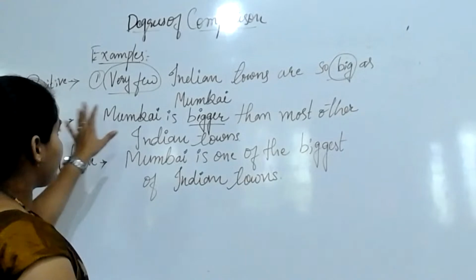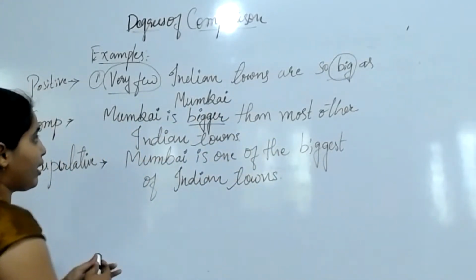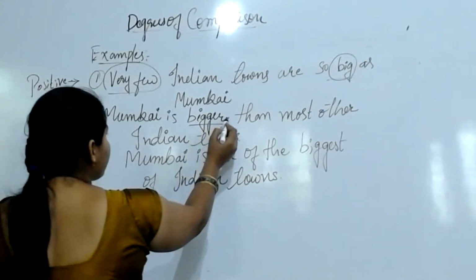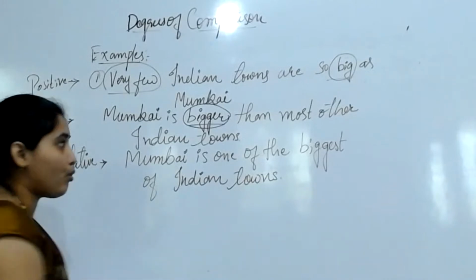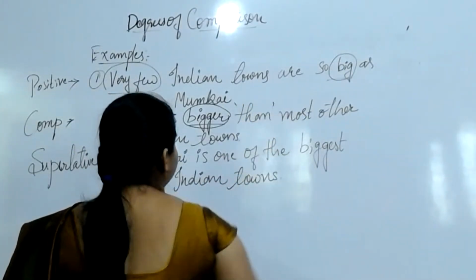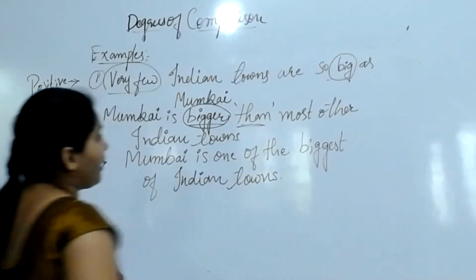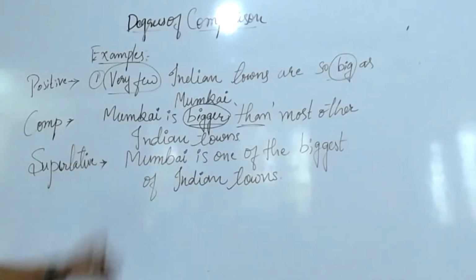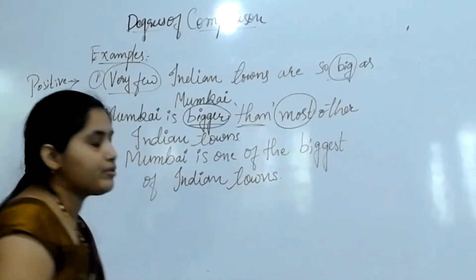And the comparative degree: Mumbai is bigger than most other Indian cities. So now here you have used comparative degree, that is bigger, and you have to always use than in the comparative degree. Then again you may be confused why Miss is using most here in the comparative degree.